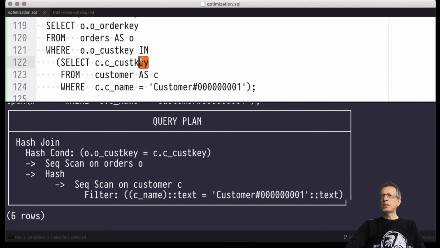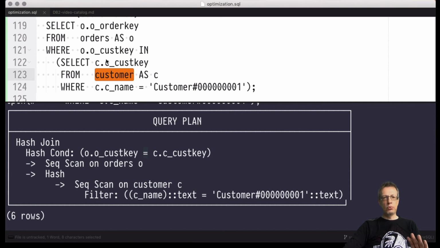Customer key is a key in the customer table, so the list of values produced here by the subquery will only ever contain 0 or 1 values. There is no risk of having duplicated results after we've performed the unnesting here.